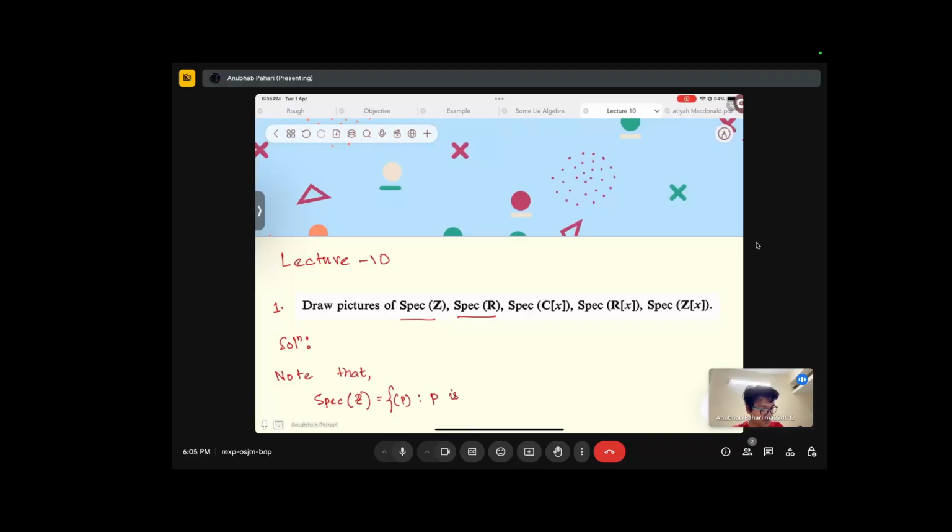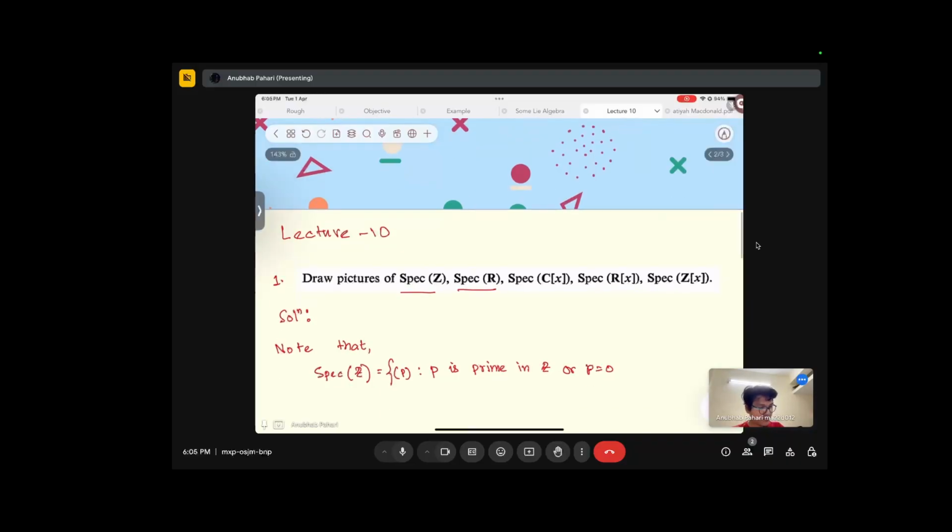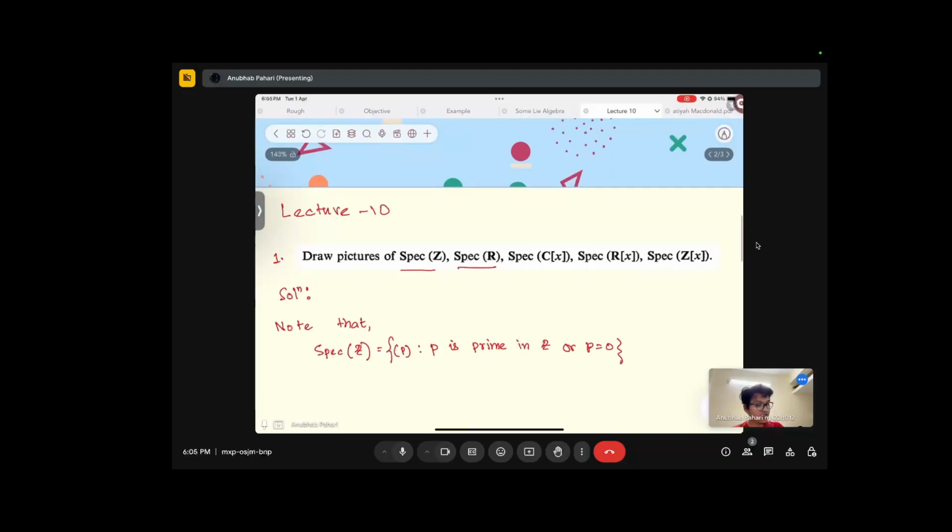P is prime in Z or P equals 0. That is, of the form 0, 2, 3, 5, like this.